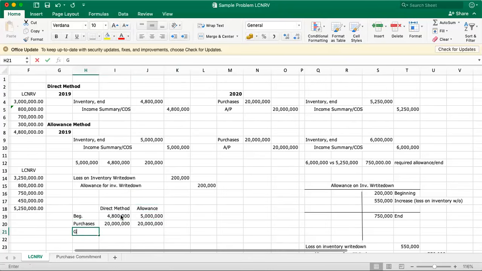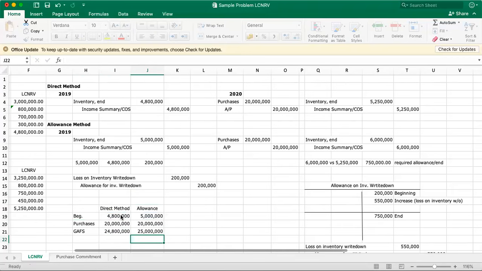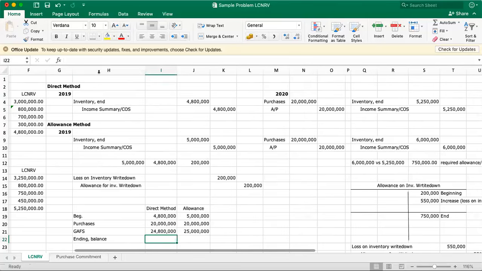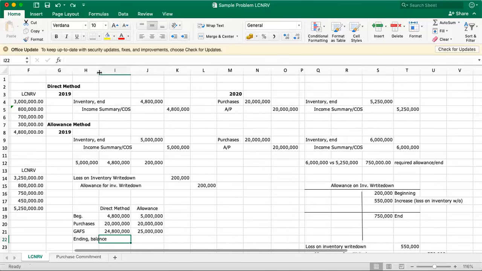Then you have the goods available for sale. Then minus the ending inventory.